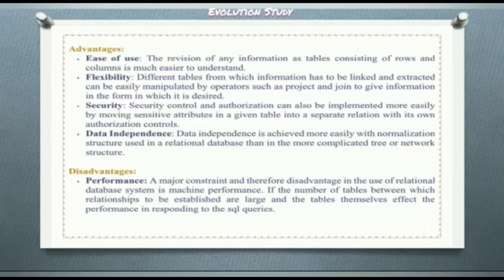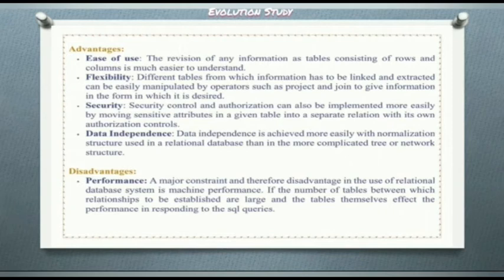Flexibility: different tables from which information has been linked and extracted can be easily manipulated by operators such as project and join to give information in the form in which it is desired. Security: security control and authorization can also be implemented more easily by moving sensitive attributes in a given table into a separate relation with its own authorization controls.